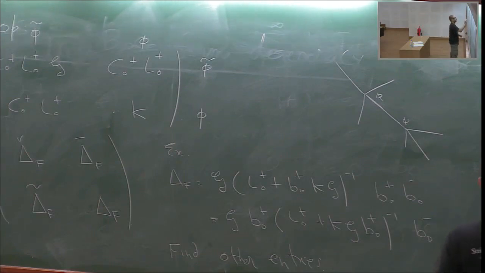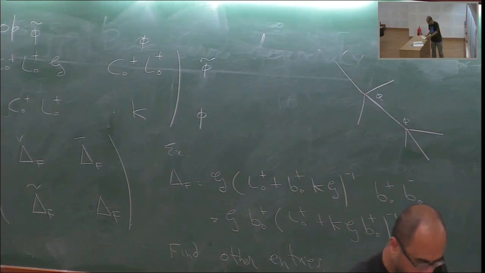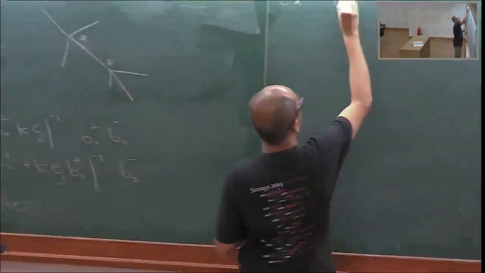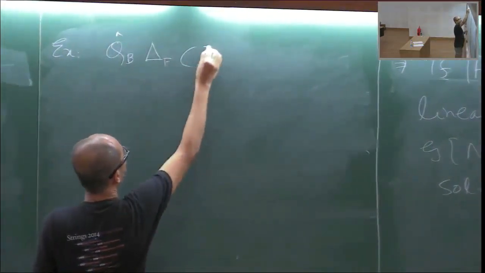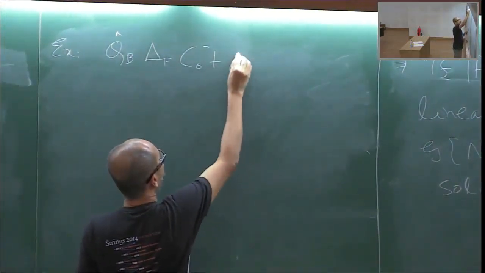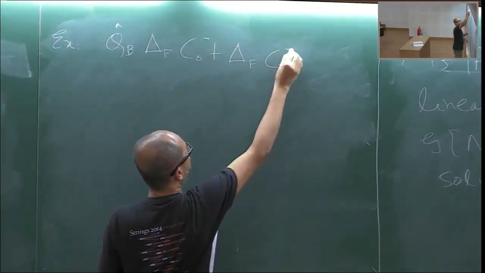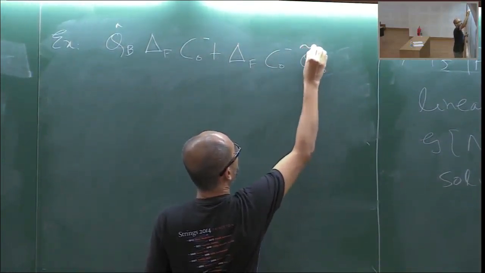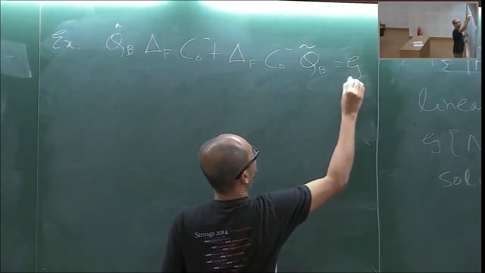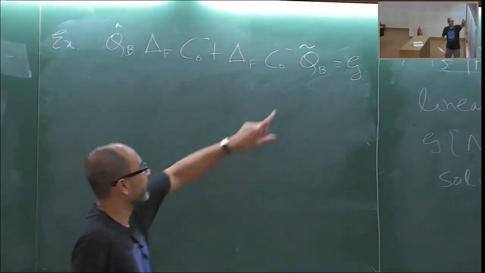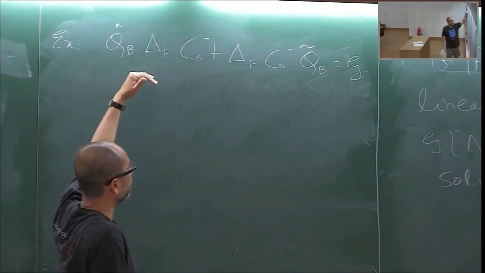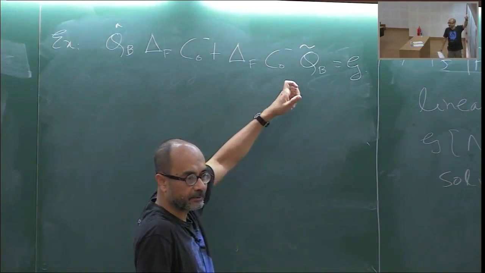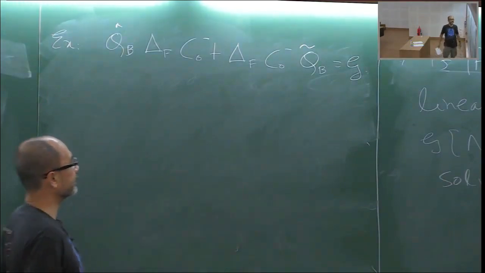So another exercise is to show that the following identity is true. Okay, note that it's QB tilde here, effectively reflecting that here QB hat is acting from the left, here because it's acting from the right, you have to take the transpose, and that's why it's QB tilde.